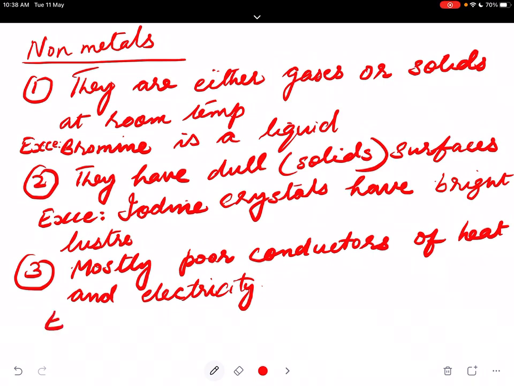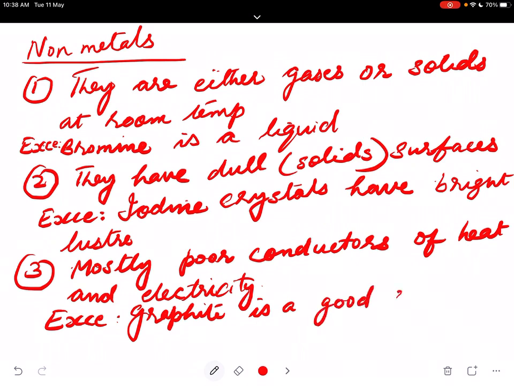So there is an exception. Graphite is a good conductor of heat and electricity. So mostly poor conductors of heat and electricity; the exception is graphite, a good conductor.